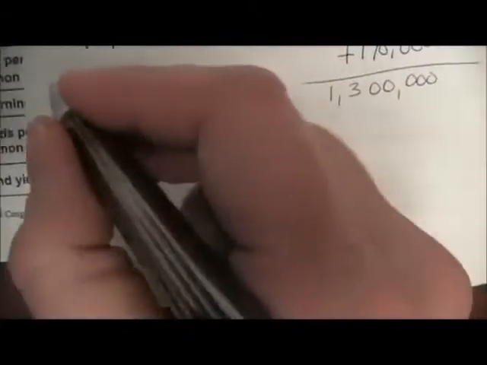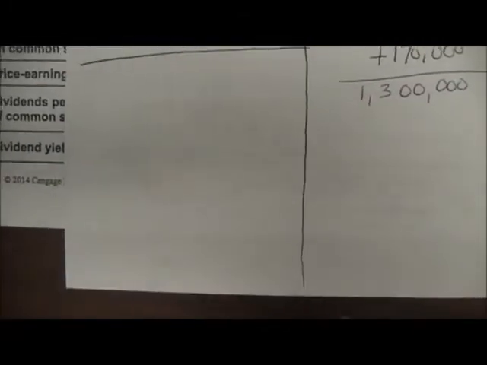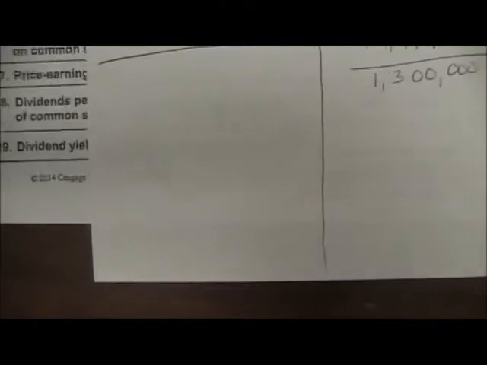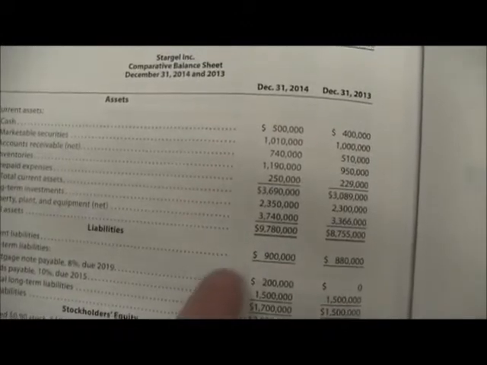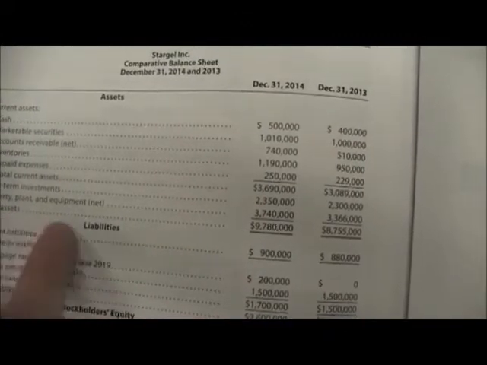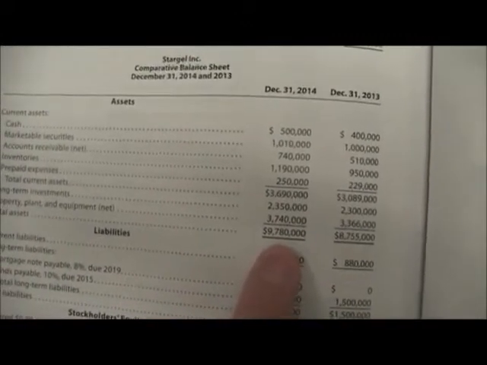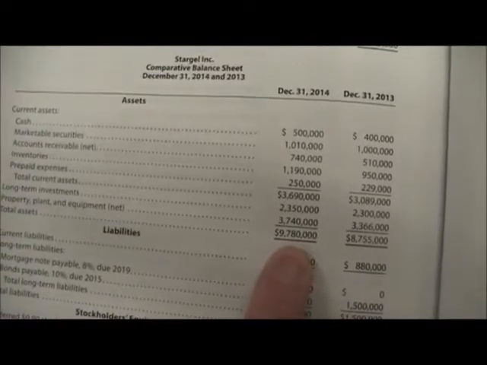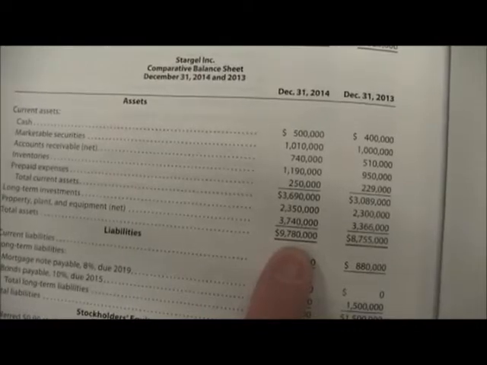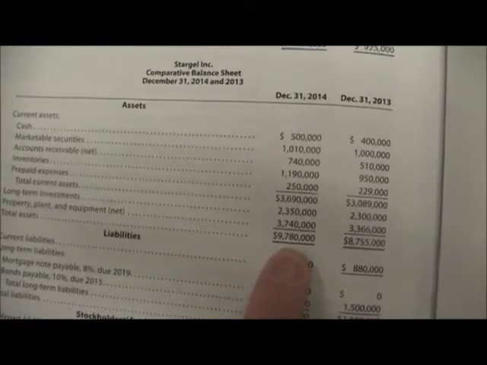Okay, I'm going to grab my scrap paper here. Our bottom number is our average total assets, excluding long-term investments. So going on to our balance sheet, we are going to look at our total assets, $9,780. However, they want excluding our long-term investments.